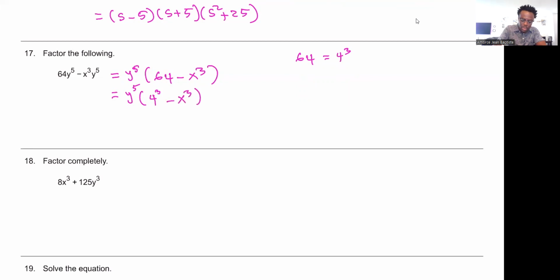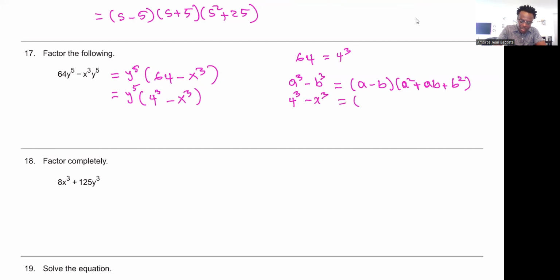And then the formula for the difference of cubes is a cubed minus b cubed equals a minus b times a squared plus ab plus b squared. Now we can apply this with a equals 4 and b equals x.